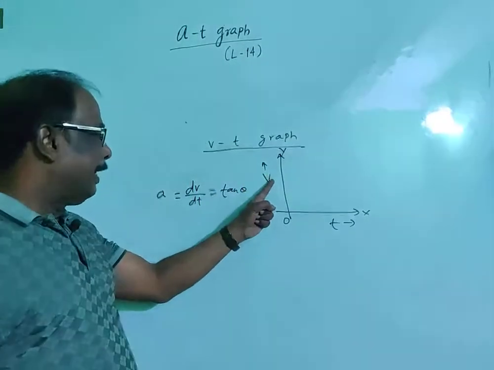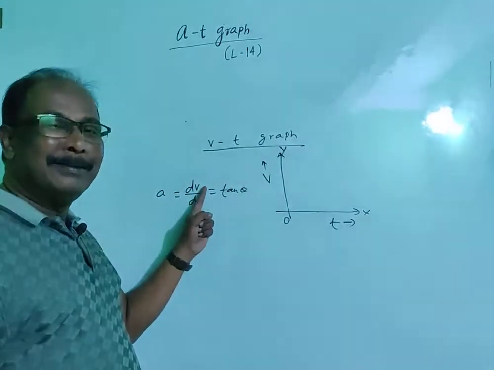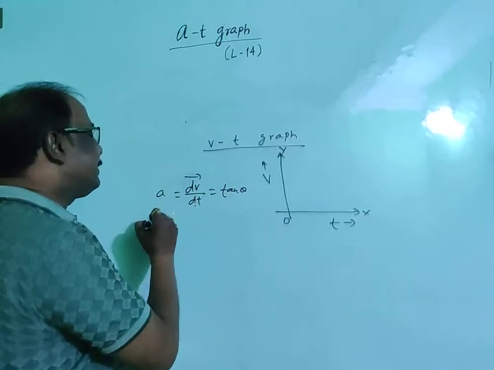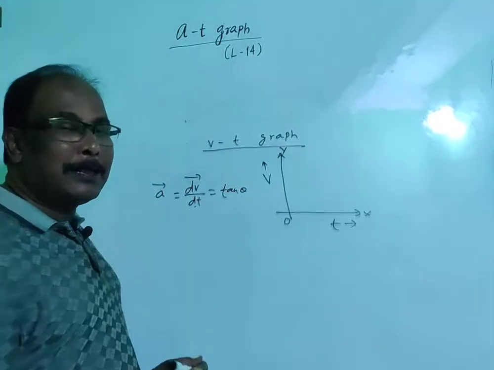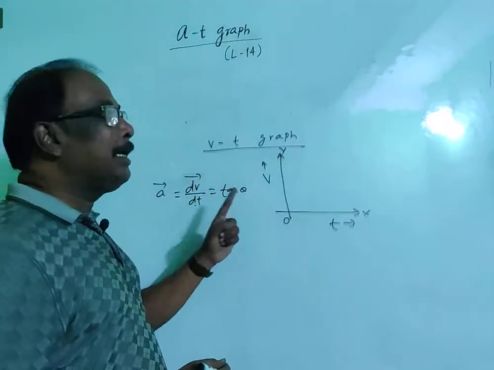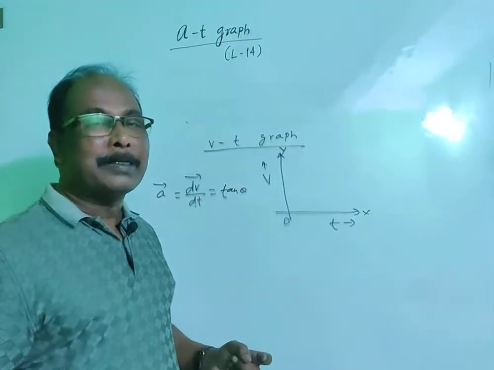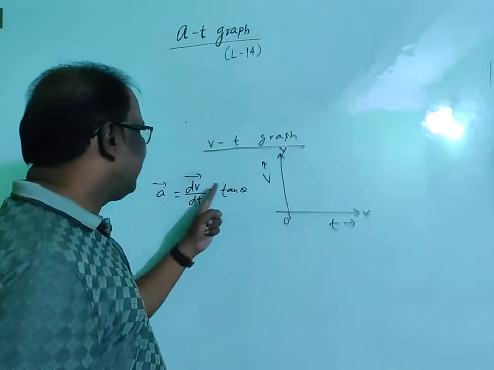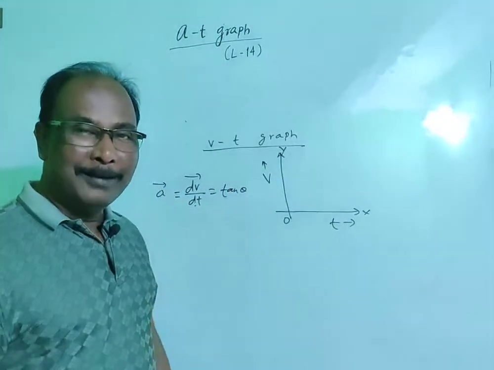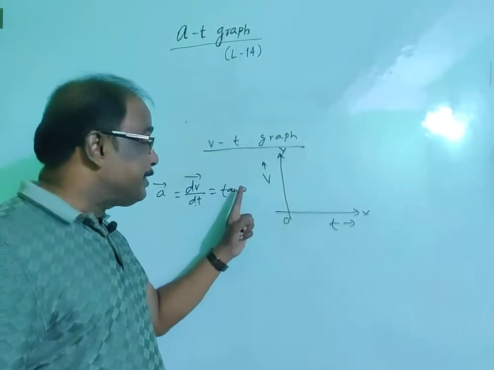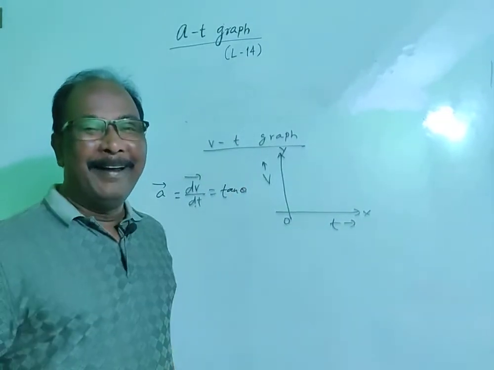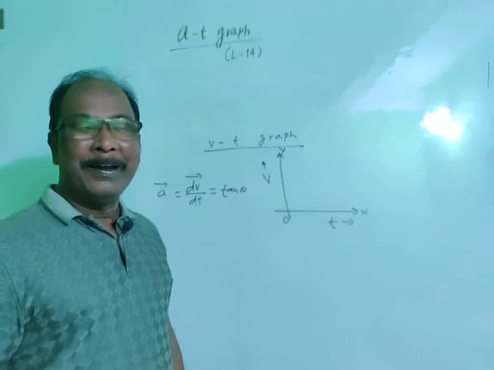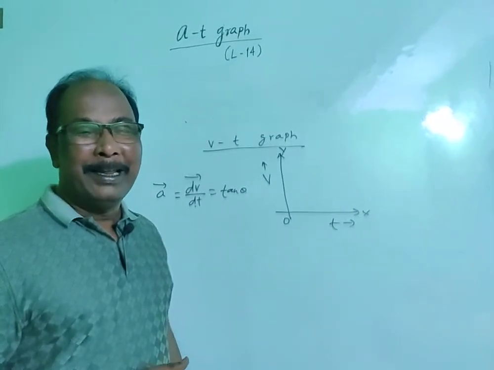So the change in velocity with respect to change in time is acceleration, dv by dt is tan theta, and tan theta is the slope of the graph and equals the magnitude of acceleration. Using the value of theta we can draw different types of representation in the VT graph.